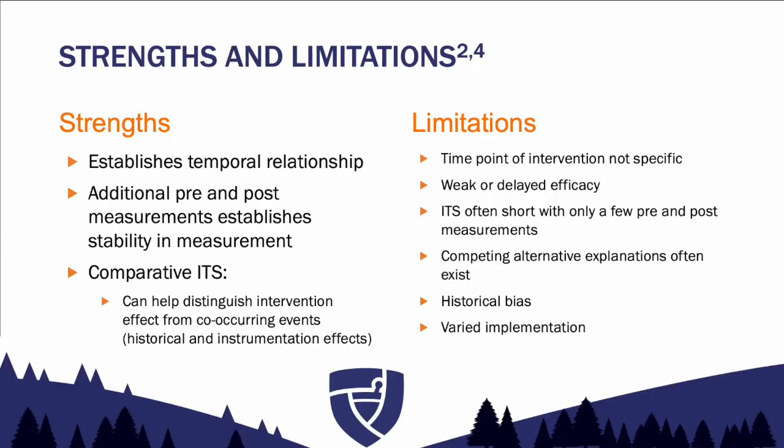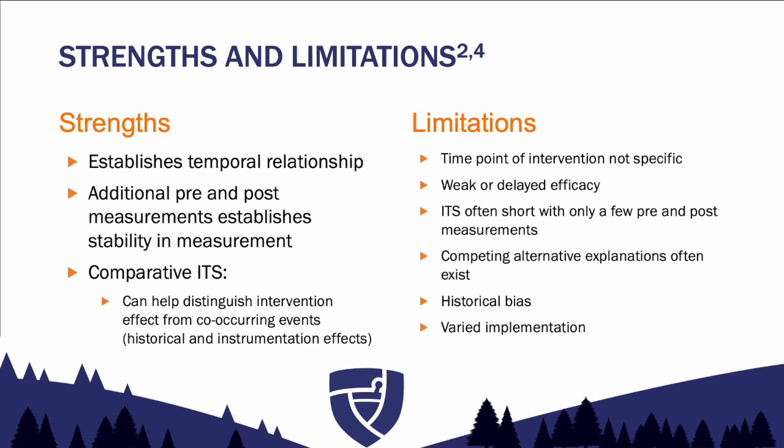Strengths of interrupted time series include the ability to establish a temporal relationship and also increase stability in measurements with multiple pre- and post-intervention measurements. So there's more stability with the multiple measurements when compared to a pre-test, post-test design.